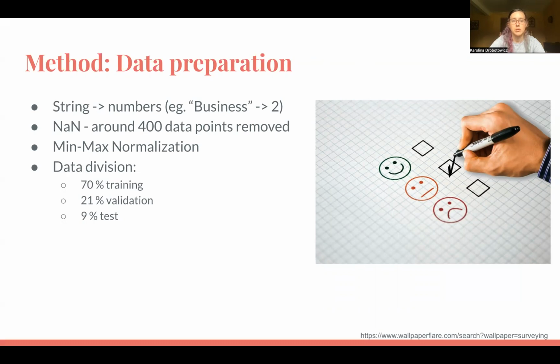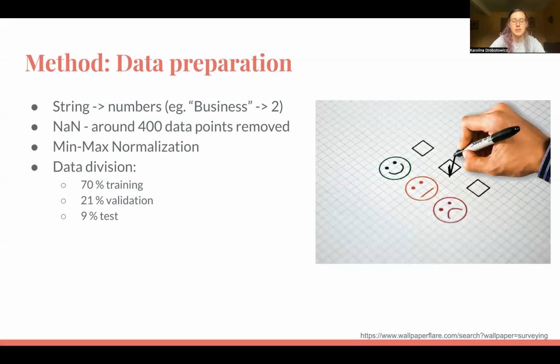Then we needed to deal with non-existing values for around 400 data points. As we deemed this number is not big, and there was no explanation why those values are missing for those data points, we decided to remove them.